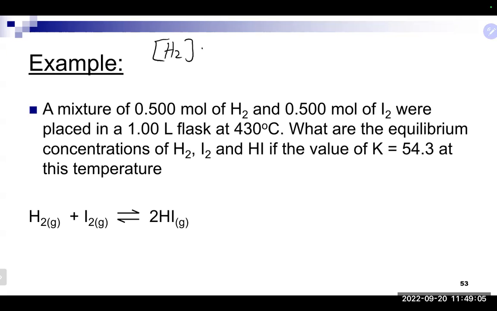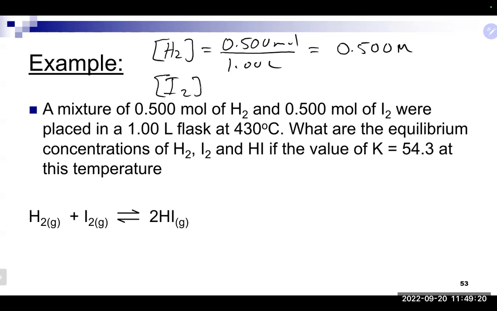The concentration of H2 would be 0.5 moles divided by our liters, which happens to be 1. That makes it easy, so that's going to be 0.5 molar. We will also do the same thing for our I2. It ends up being the exact same thing, taking our moles divided by our liters to convert these into molarity.